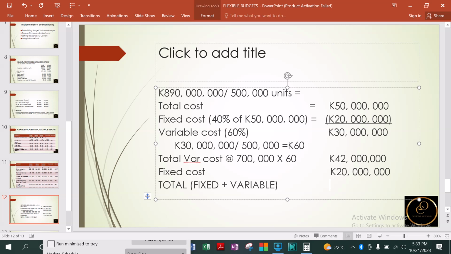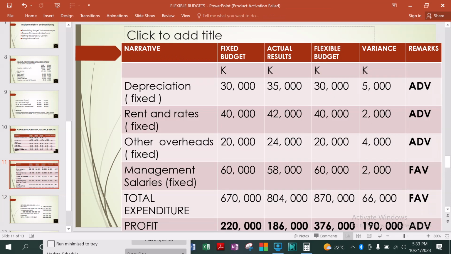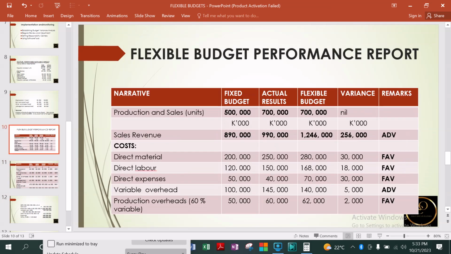That will be 62 million kwacha. So that's what we have when we add these two. This 62 million kwacha is the total mixed cost at the new level of activity of 700,000. So you have 62 million kwacha here, 62 million kwacha here. That's what we have here.